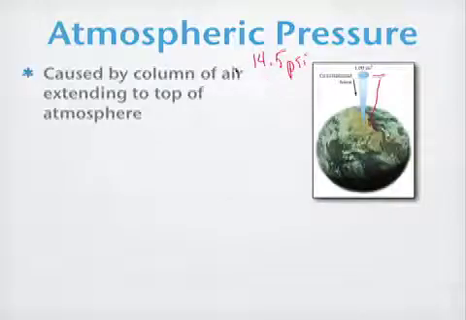In terms of the SI units, we're going to find that it's going to correspond to a mass of about 10,000 kilograms for every square meter. So that's a huge amount of air pushing down on us. Now, in the early days of science, people did not believe that air had a mass.